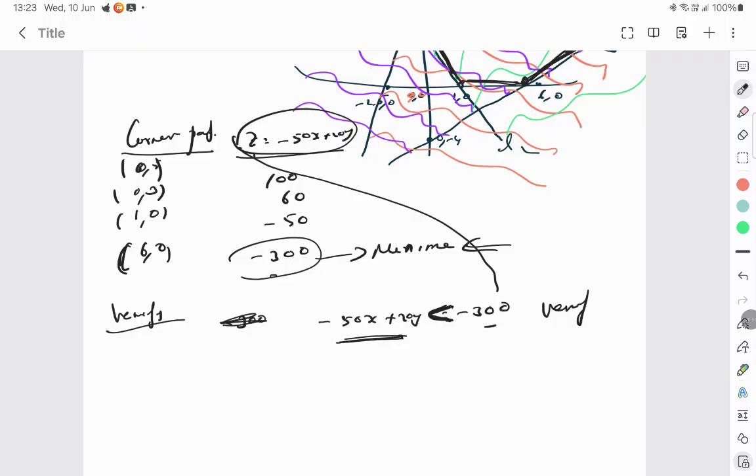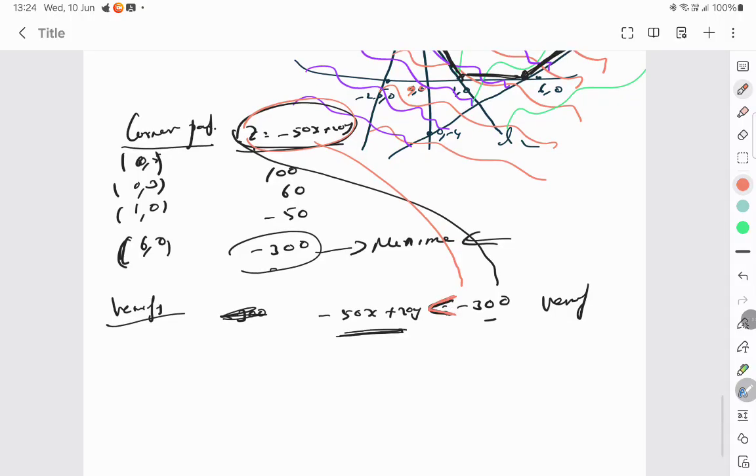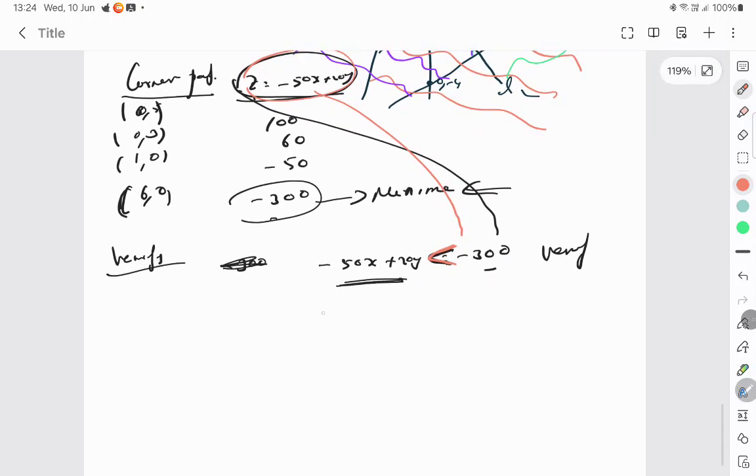To verify if it's minimum, remember you're writing the minus 300, taking this equation, making sure that the right side is minus 300, and putting a symbol like this to verify this is minimum. Then solve this equation. Don't put the equality symbol, just leave it like this. If x is 0, what is y? When x is 0, y is minus 15.